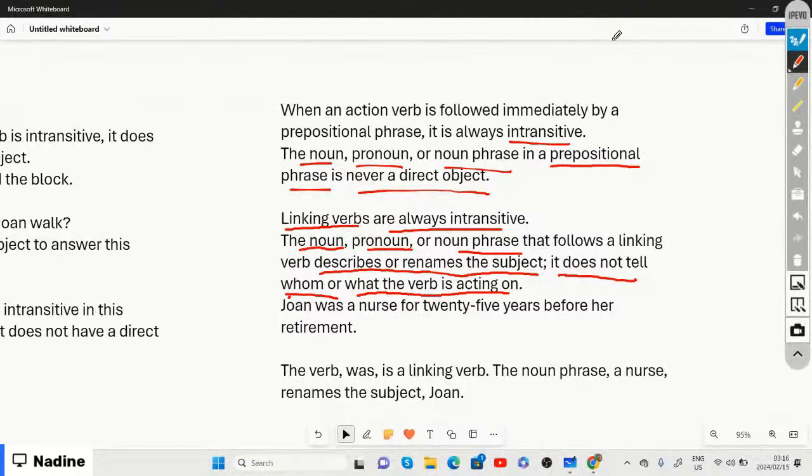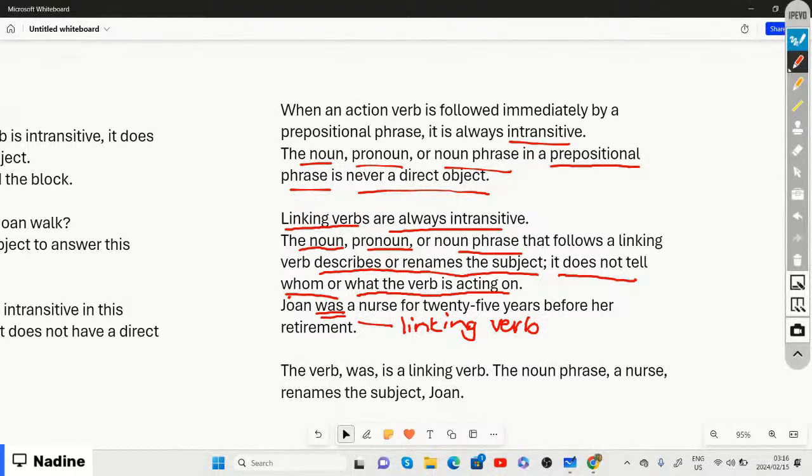For example, Joan was a nurse for 25 years before her retirement, right? So this verb, which is was, is a linking verb.